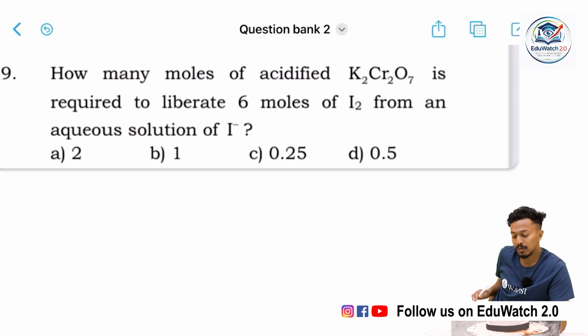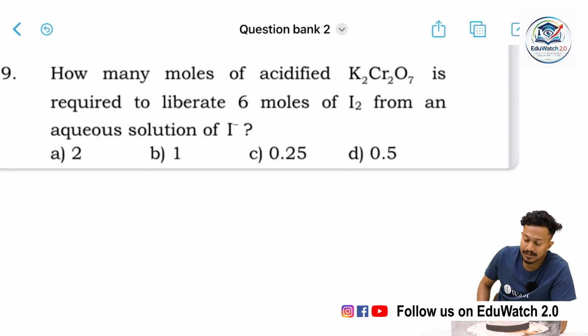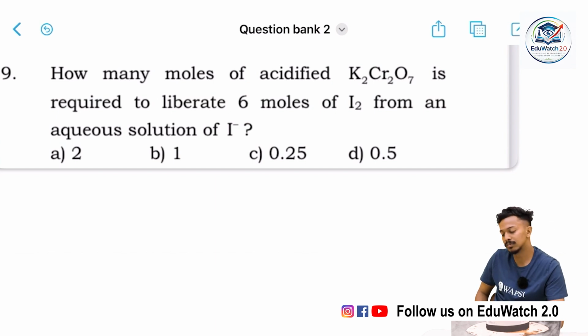Well, we will move on to our next question. How many moles of acidified potassium dichromate is required to liberate 6 moles of iodine from an aqueous solution of I minus? Right. So before answering this question, we must have a balanced chemical equation of this reaction. Okay.